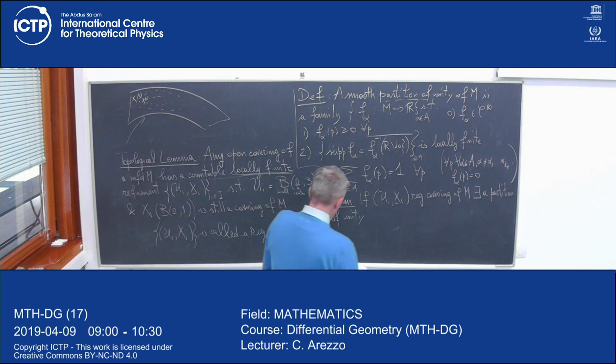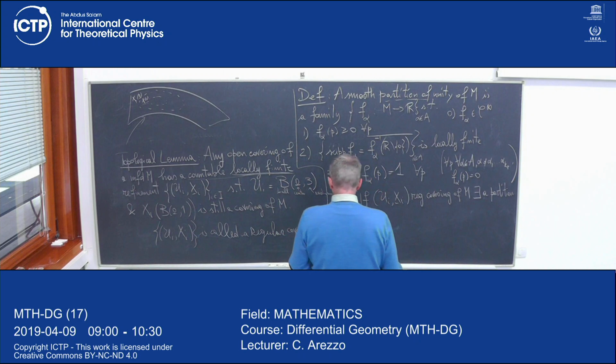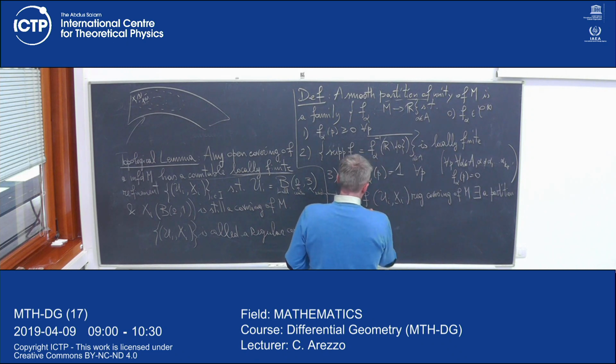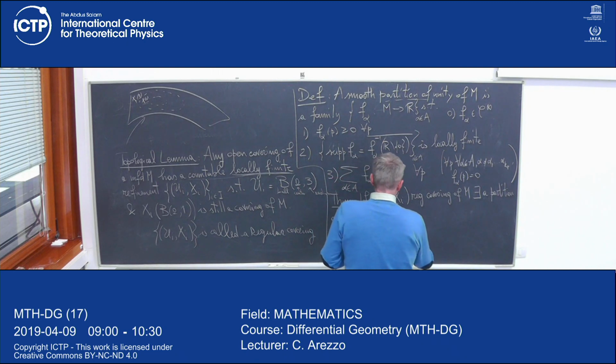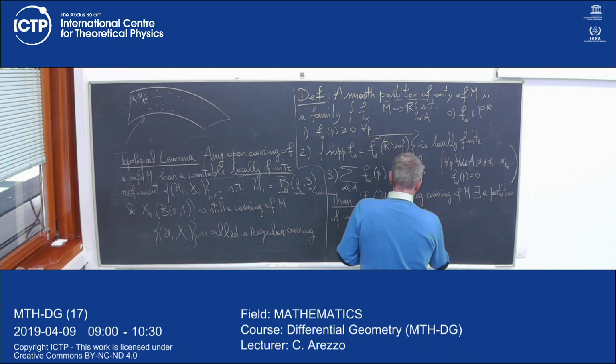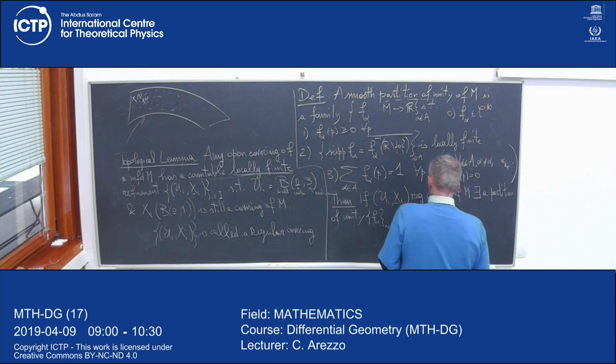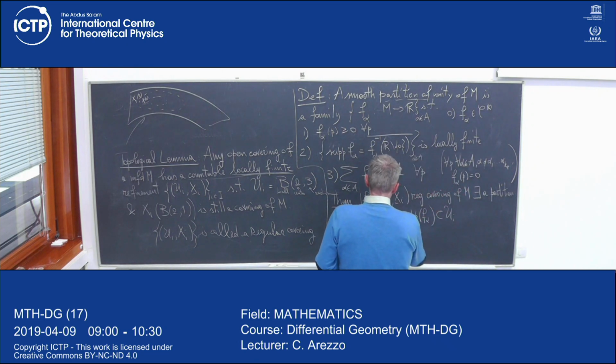I want a partition of, let me call it Fi, well, F alpha with some choice of index, where the support of F alpha is contained in Ui, so that for any alpha, there exists i.